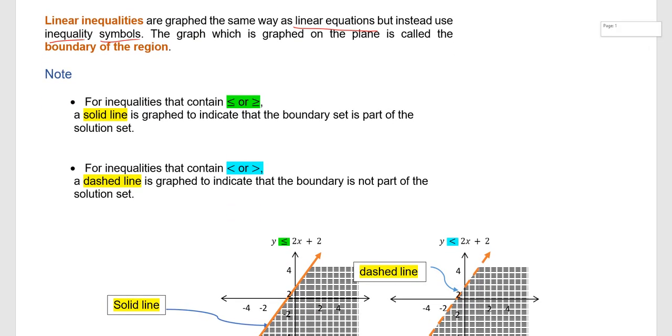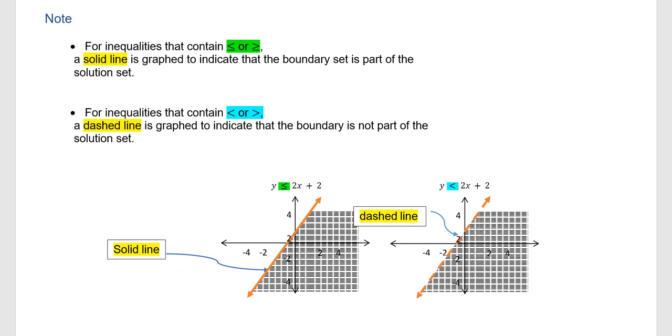Let's look at what this means. For inequalities, you can either have them with the less than or equal or greater than or equal sign, or with just the less than or greater than sign. If the inequality symbol has the equal sign with it, then you would graph a solid line to indicate the boundary, because the boundary is included.